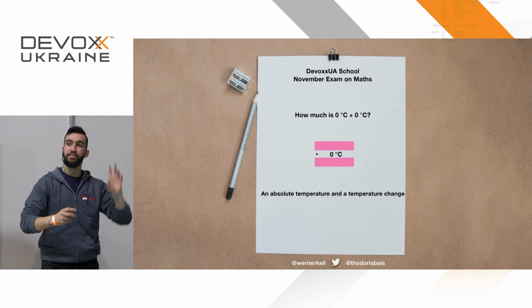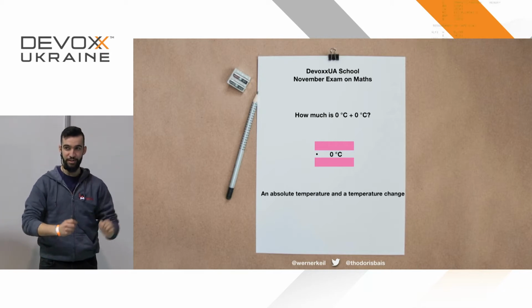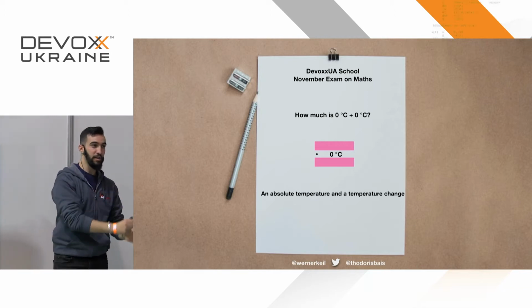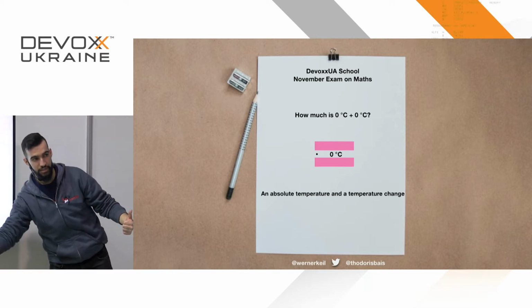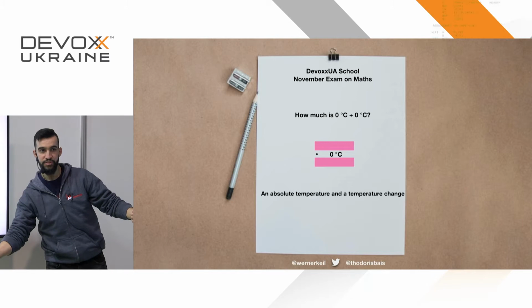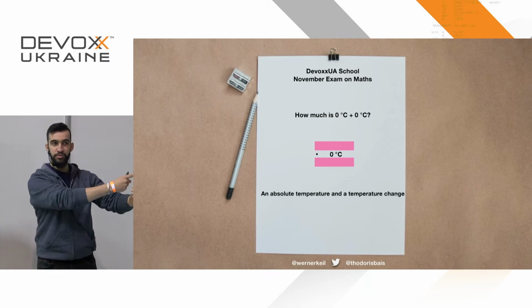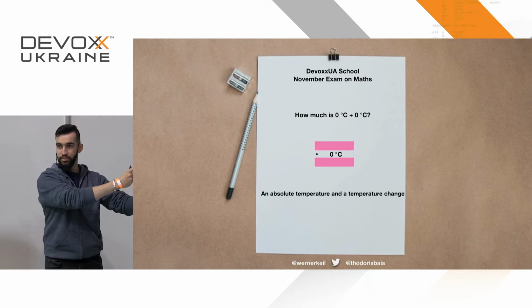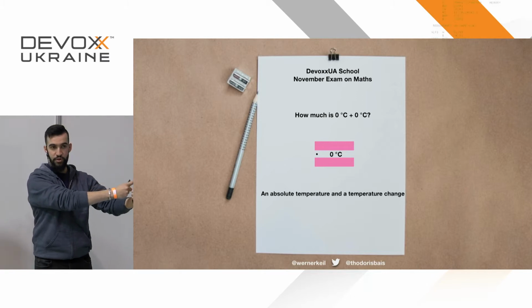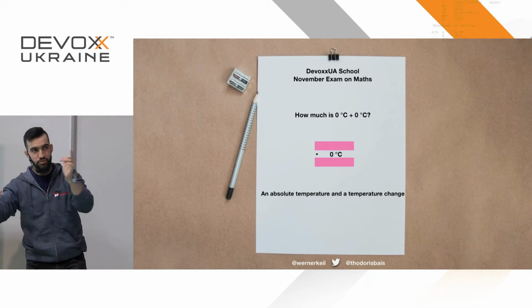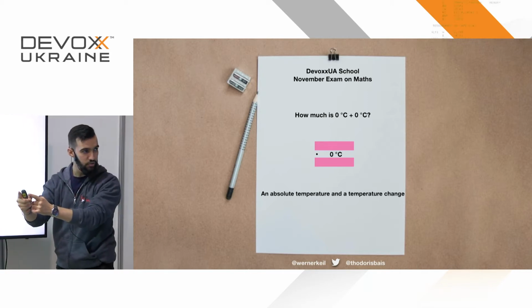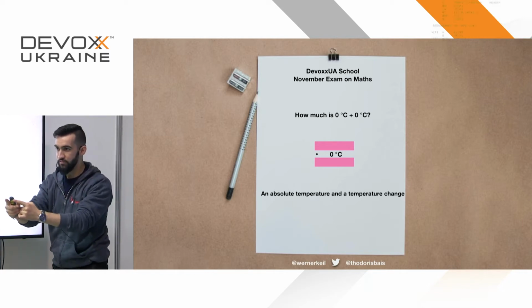Okay, 2 absolute temperatures. First scenario. Second scenario, let's talk about one absolute temperature and one temperature change. And what did we say in the first scenario? For an absolute temperature, 0 degrees Celsius means 273.15 Kelvin. What happens on a temperature change, though? For a temperature change, 0 degrees Celsius means 0 Kelvin.